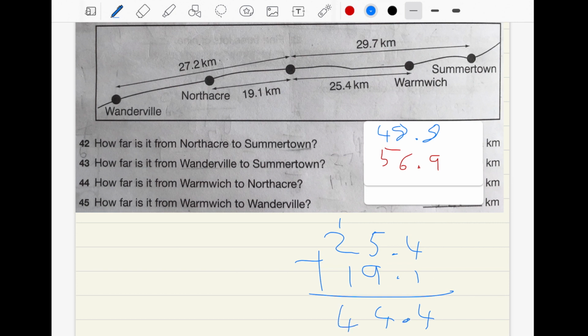And then that makes 44.4. I'm going to check it. Oh yeah, that one was wrong. I accidentally did times. Yeah, it's 44.5 km. I always forget to say that.